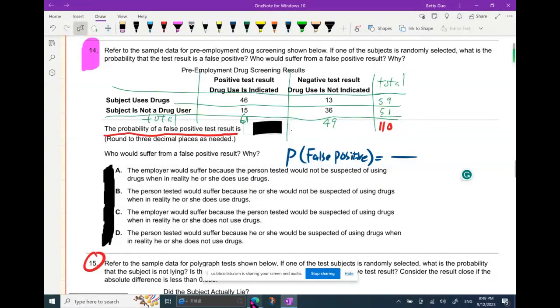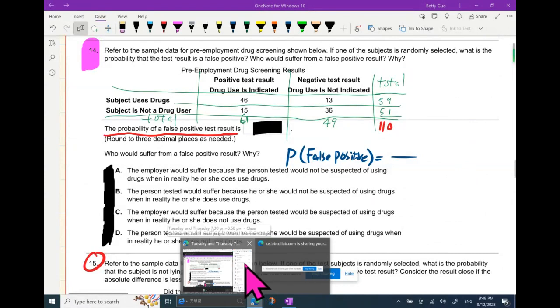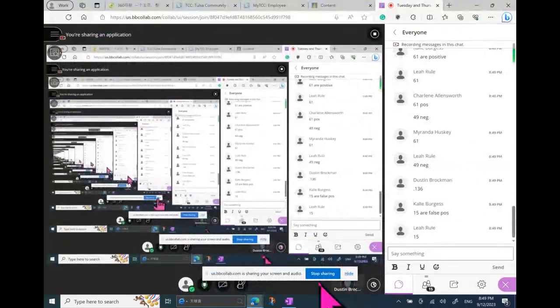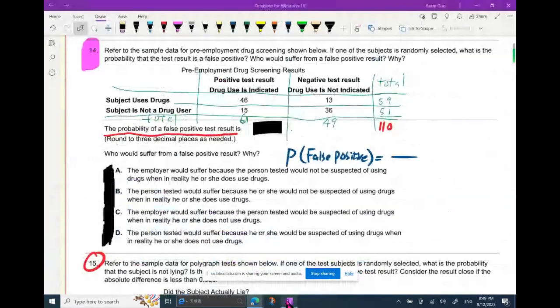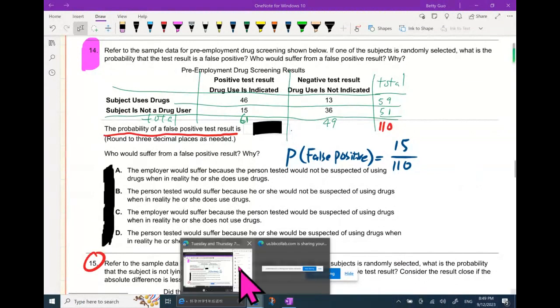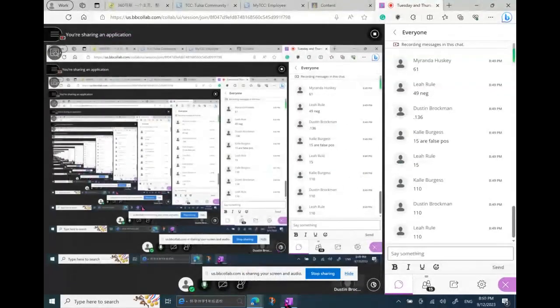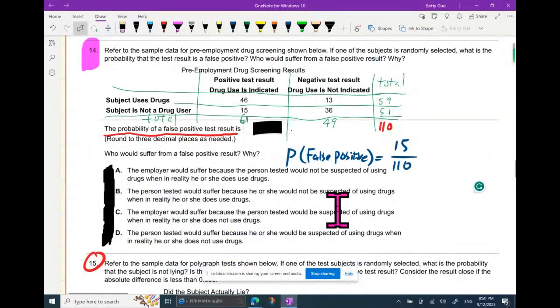Can you tell me how many of them? Perfect, 15, exactly. And 15 is the numerator. What's going to be the denominator? Total number of the subjects or sample size, right? So this is empirical. So you just use 15 divided by 110.